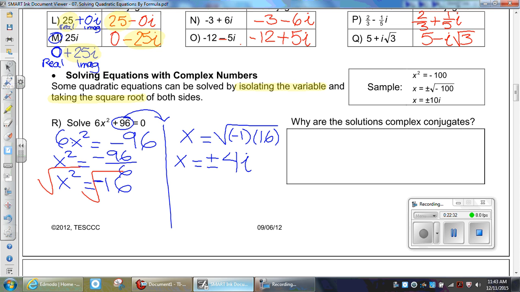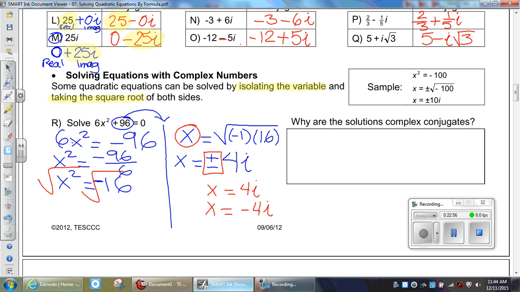So whenever you are dealing with an unknown quantity, such as x, we must consider both the positive square root and the negative square root. All right? So what are the solutions here? In this case, the solutions are 4i and negative 4i. Two solutions.